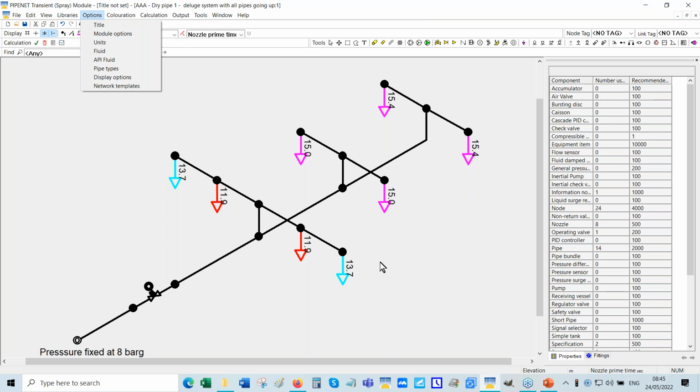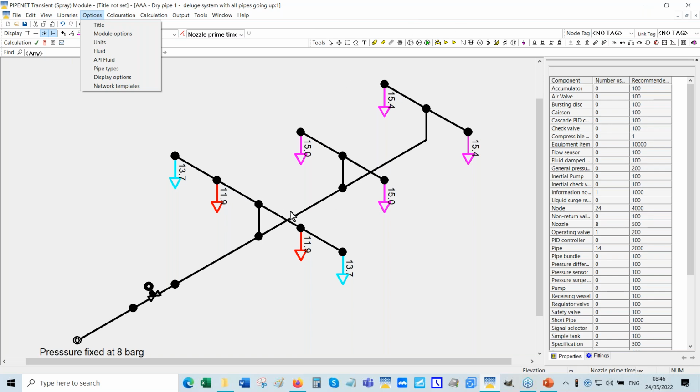Keep this in mind. The second point you have to keep in mind is that the most remote nozzle is not necessarily the last nozzle to discharge. Okay, why? Because you see, this is a very, very simple example. It's difficult to illustrate. For example, I make these pipes very large and I do the calculation.